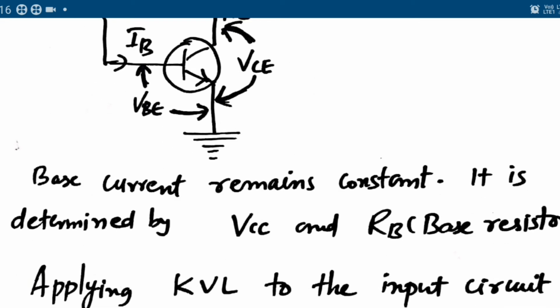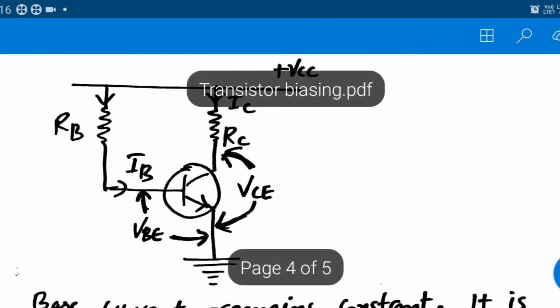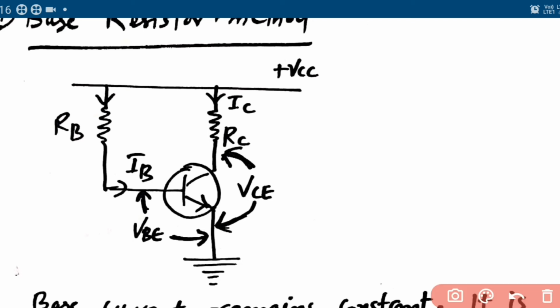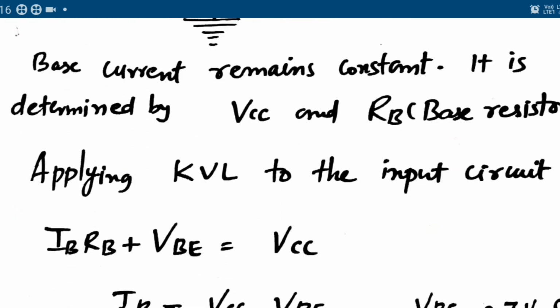Let's see how the base resistor is able to maintain a constant current IB flowing through the base, and hence the collector current IC through RC.